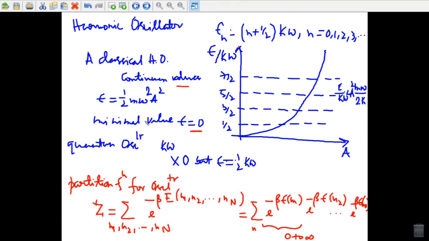So the next step we can take is to investigate the microscopic states of a lattice of capital N harmonic oscillators as a whole. Since each oscillator is characterized by a degree of excitation small n, the microscopic state of capital N oscillators will be characterized by N degrees of excitation, that is n1 to nN, similar to the specification of all the spin values, sigma 1 to sigma N, in the case of paramagnetic samples.